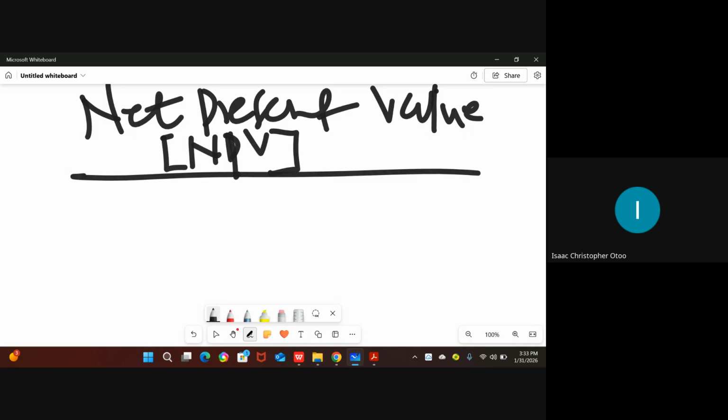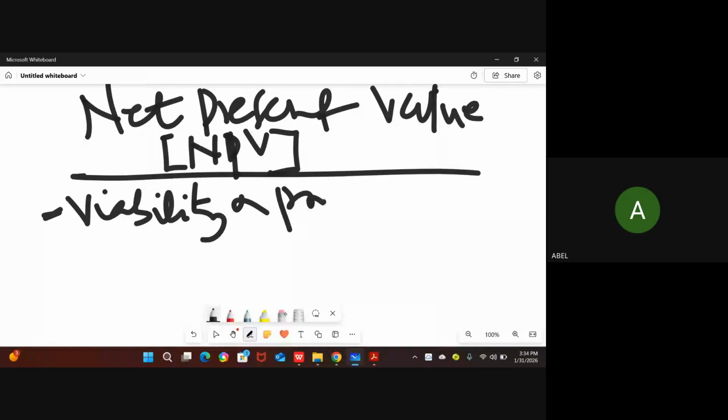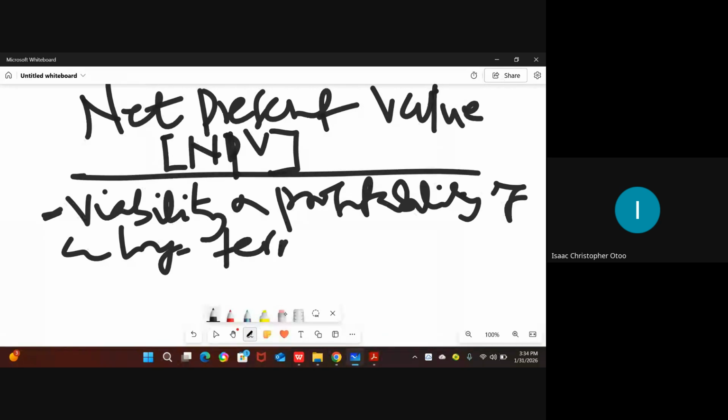NPV is one of the techniques used to determine the viability and profitability of long-term projects.